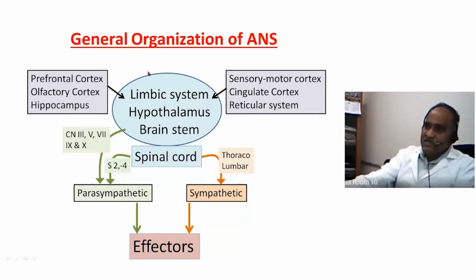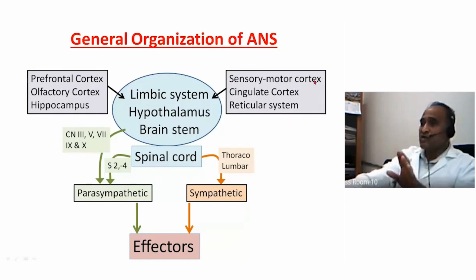Now, this limbic system is being regulated or influenced by the cingulate cortex and the inputs coming from the reticular system. Definitely, whenever emotion is there, the cingulate cortex has to be there.